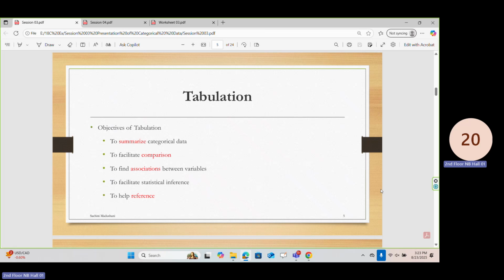Tabulation means table. How do we define tabulation? Using the tabulation format, how do we present the data?